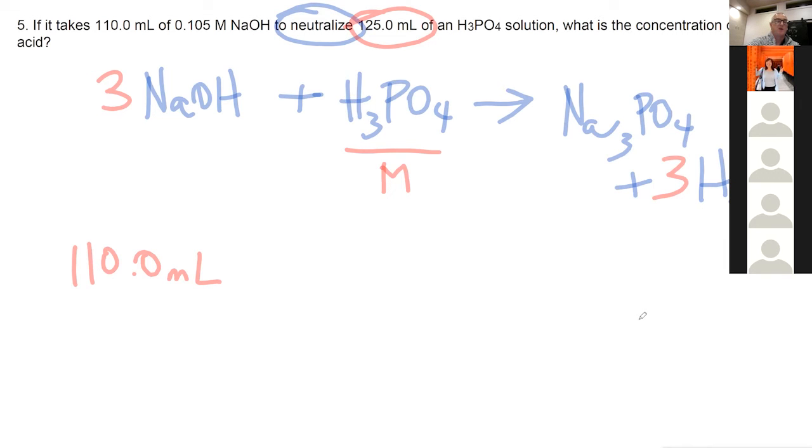So here's our volume. So what's my first conversion? One liter at the top. Right. I want liters. I don't want milliliters. So what do I put on the bottom? 1,000. 1,000 milliliters. Okay. And then where do I go from there?